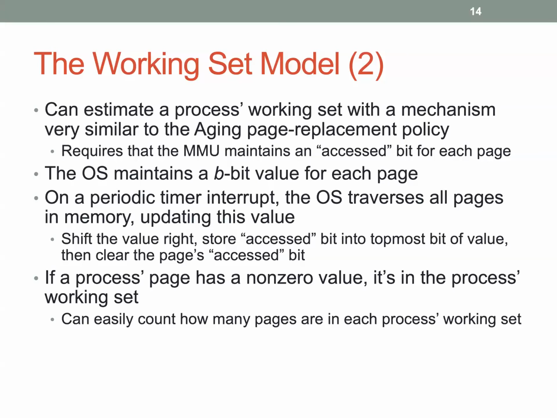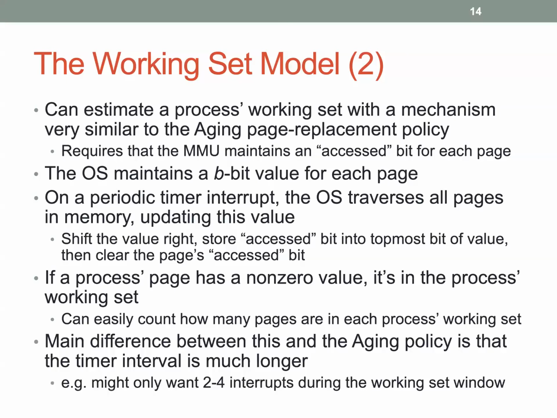That's your tau. And so you can use that to do a very simple working set estimation. Okay, so this is what I was describing before. The main difference between this and aging is simply the very coarse nature of this model. Okay, hopefully that makes sense to everybody.